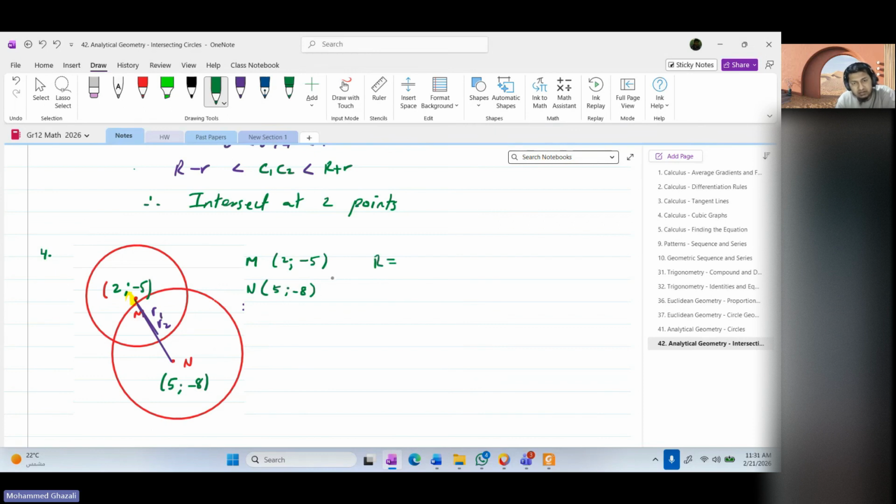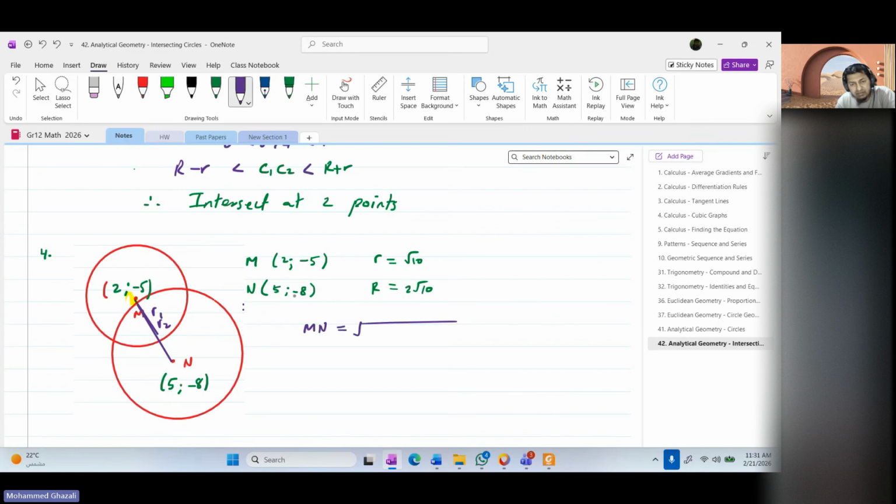The radius, okay, so this is a smaller circle, so I'll call it small r, M. Small r was root 10, right? And the big R was the bigger circle, which is 2 root 10. That's what we had.